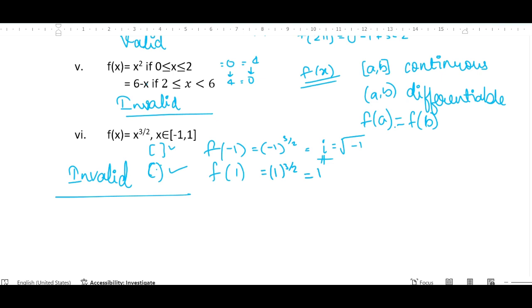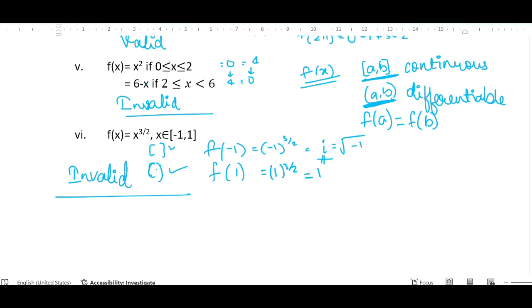So how will you solve these questions? You will say, for Rolle's theorem to hold true, 3 conditions are applicable. The first condition is that the function should be continuous in the closed interval, and the second condition is that it should be differentiable in the open interval. Then you prove these two to be true.